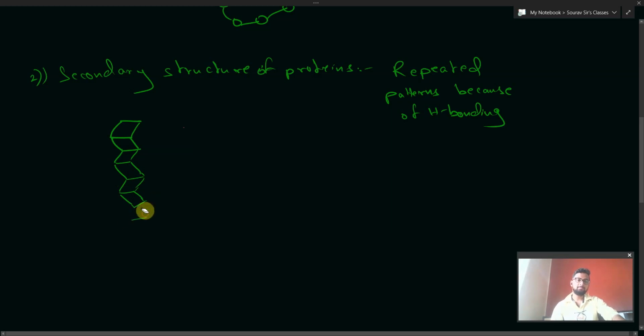Yes, so this is the pleated sheet structure. Another structure that we all know is the alpha helix structure.